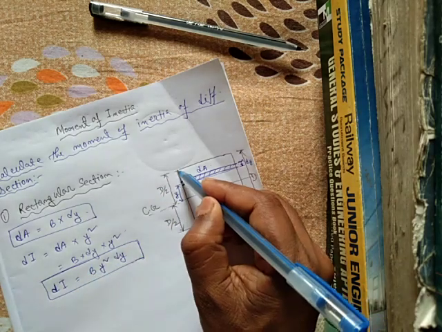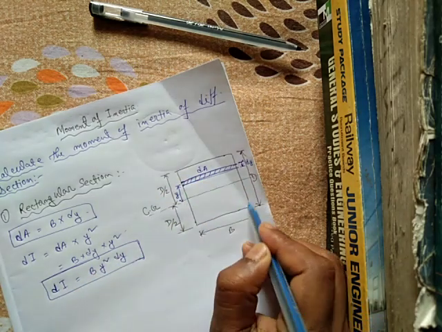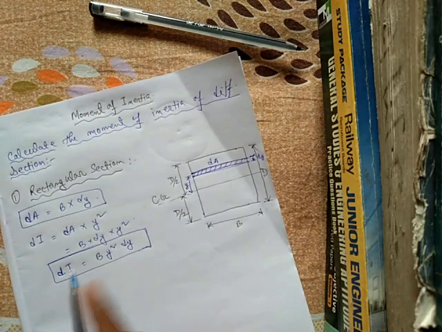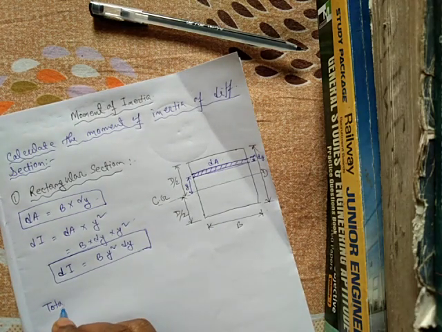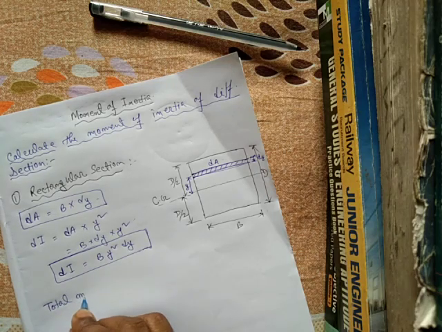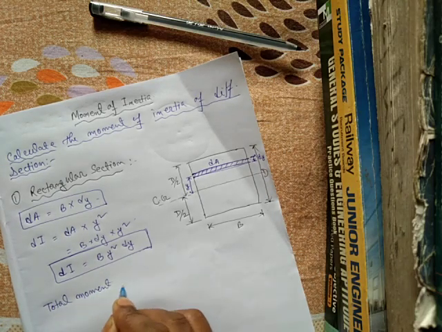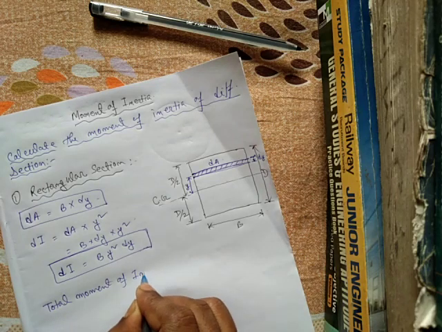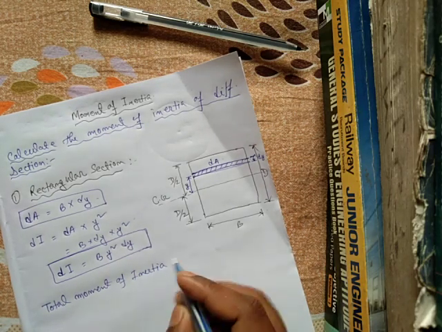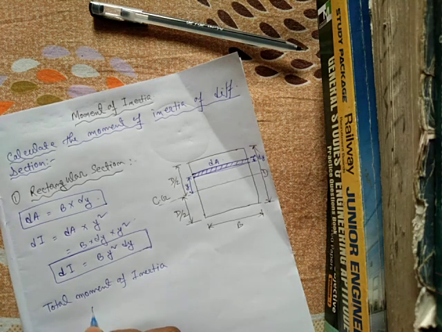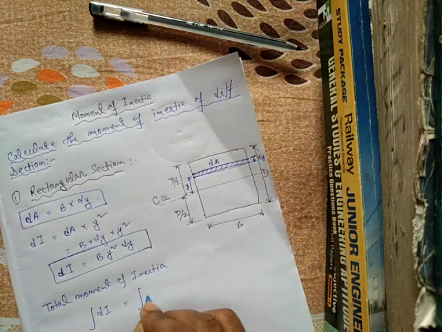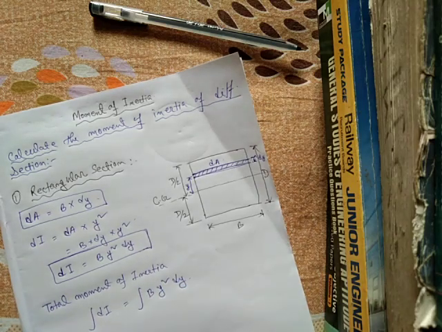Now the total moment of inertia of the whole rectangular section will be the integration of dI, which equals the integration of b into y squared into dy.